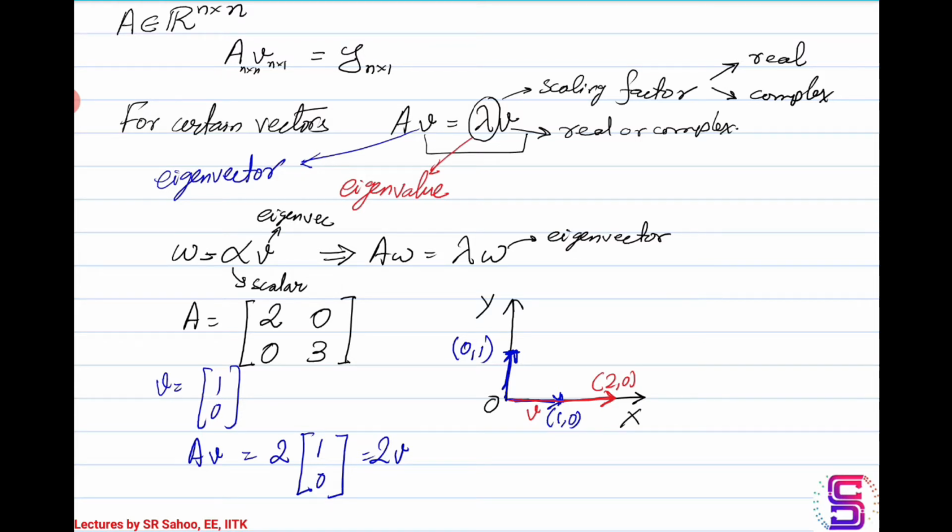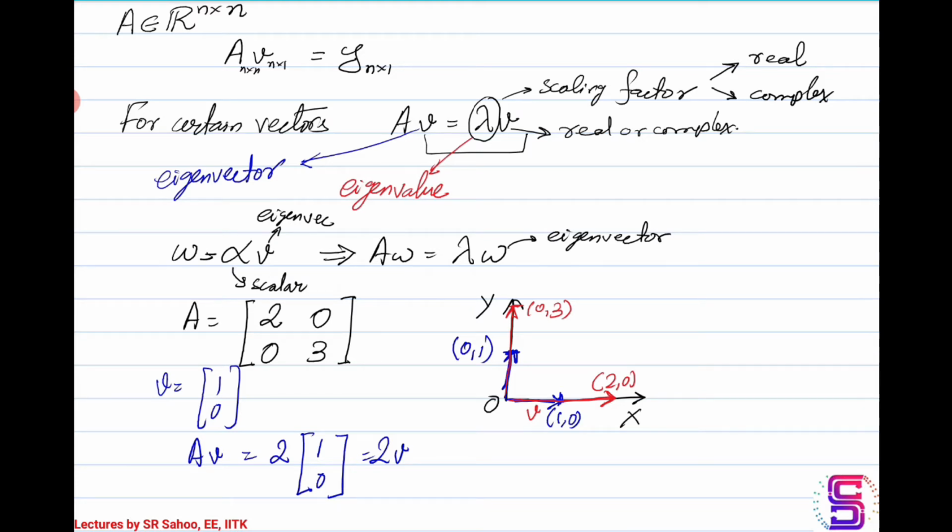Similarly, if you take another vector, 0 1, and A acts on this vector, the resulting vector would be 3 times this vector. It will be 0 3. So what you observe is the new vector is always along the eigenvector over which A has acted. The new vector is just a scaling. Okay, so now if A further acts on this vector 2 0, you will get another vector which is 4 0, 2 times of that.